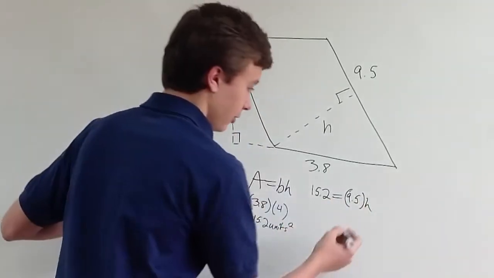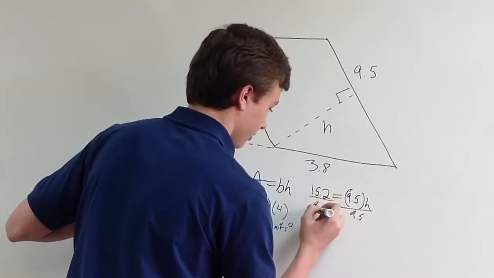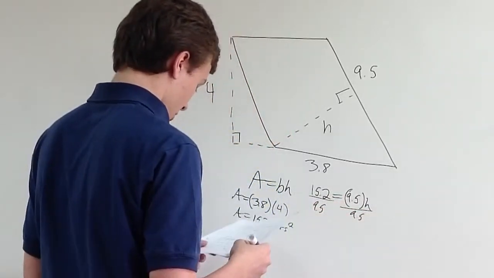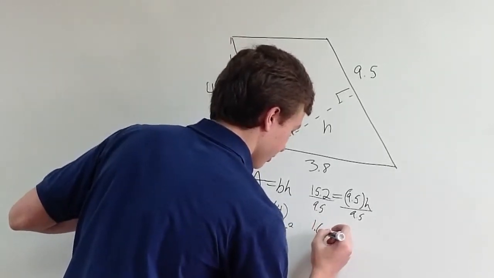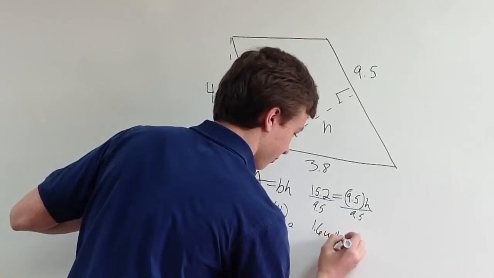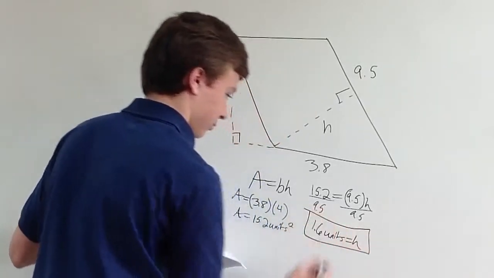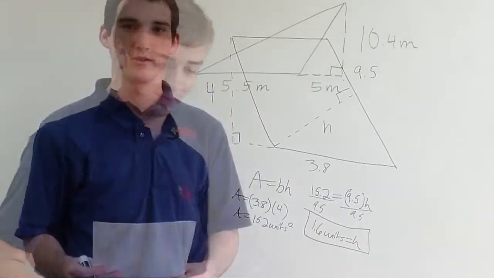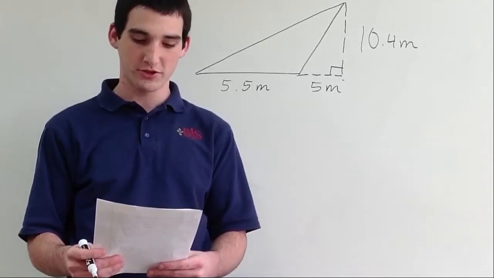And so all we have to do is divide 9.5 on both sides, which turns out to be 1.6 units. And there's your answer.